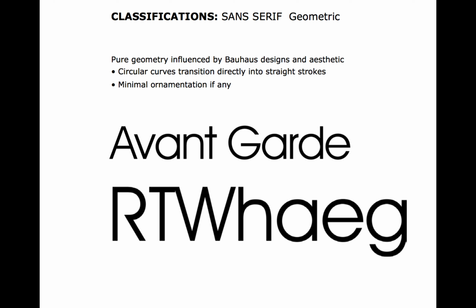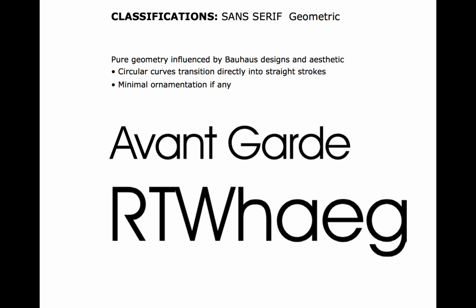And as we look at more geometric sans serifs, a lot of this was influenced by the Bauhaus designs and aesthetic. So you had more circular moves or curves that transition directly into straight strokes. There's barely any ornamentation, if there was any. You had round O's and circular shapes.